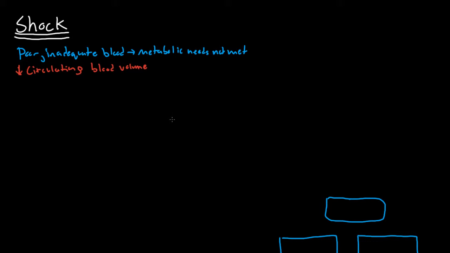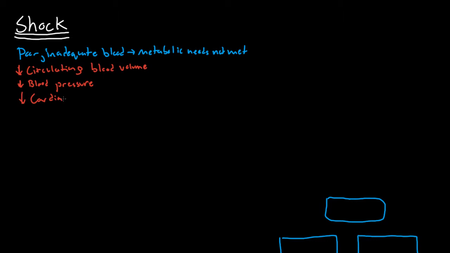Next, a person may also have a decreased blood pressure. And again, blood pressure is the amount of pressure blood is expending on the vessel that it is in. And lastly, a person may have a decrease in cardiac output.